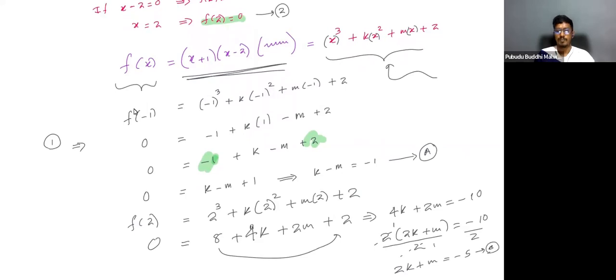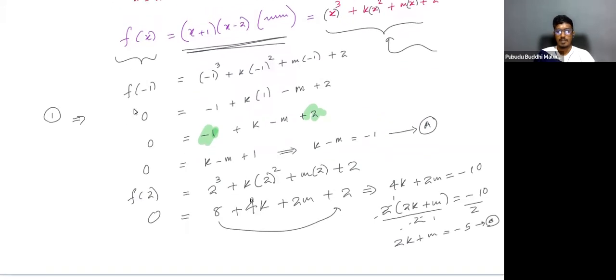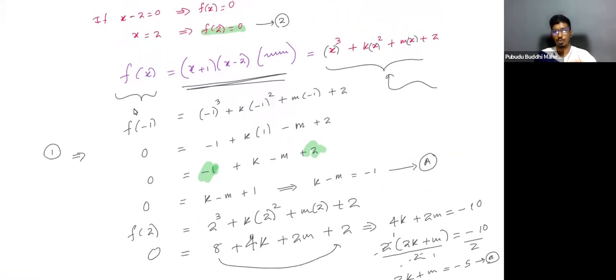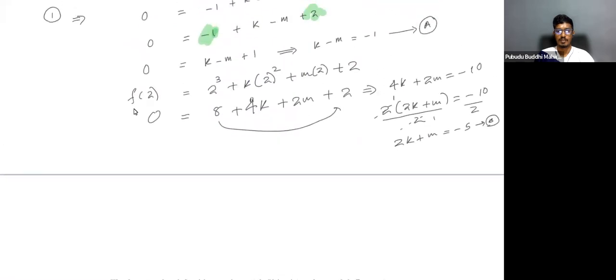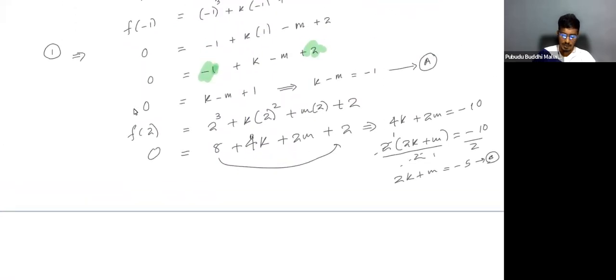That is B. Using A and B, we can easily compute k, right? So that's the idea. k and m. Can compute both values, then substitute those to the original function. Like this.